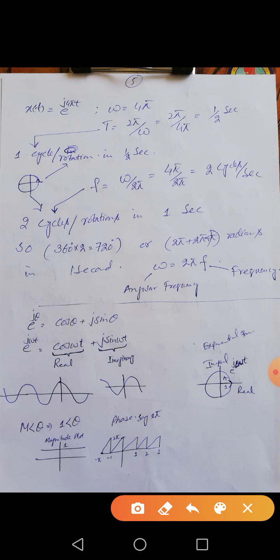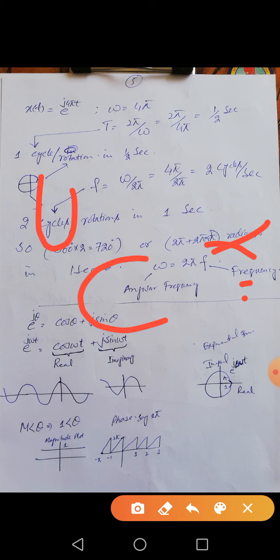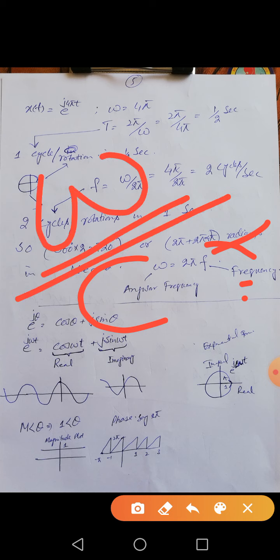So omega is equal to 2 pi f. Omega is named as angular frequency and f is the frequency. So the value of omega will show how fast this phasor will be moving on the complex plane.